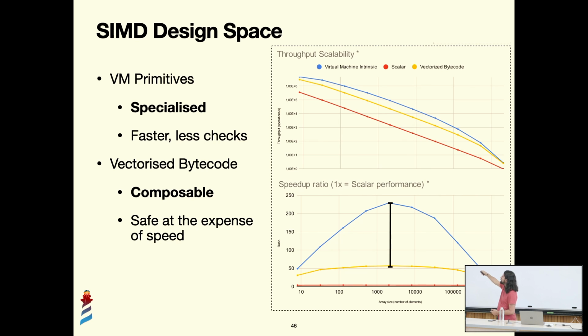Here in red, you have the scalar implementation, so the one that we have by default. And in yellow, you have the vectorized bytecode. So you can see that primitives are faster, of course. Both of them are faster than the scalar one. And we are seeing these gaps. So we would like to have less gap in here.